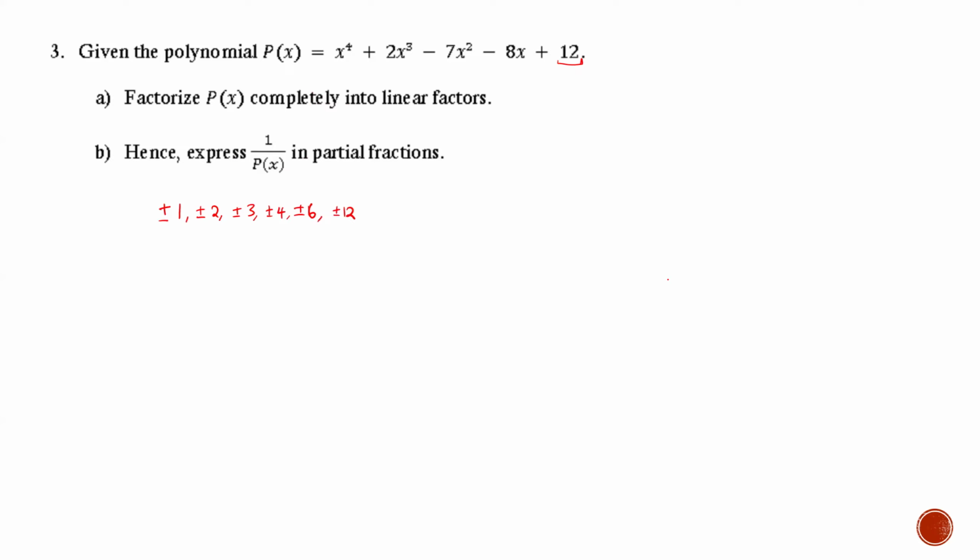How many do we have to test? You could decide to test all of them until you get all the 4 that would give us a 0. But there's first of all no guarantee that from these we can get 4. Not all the time will you get all the roots from the factors themselves.